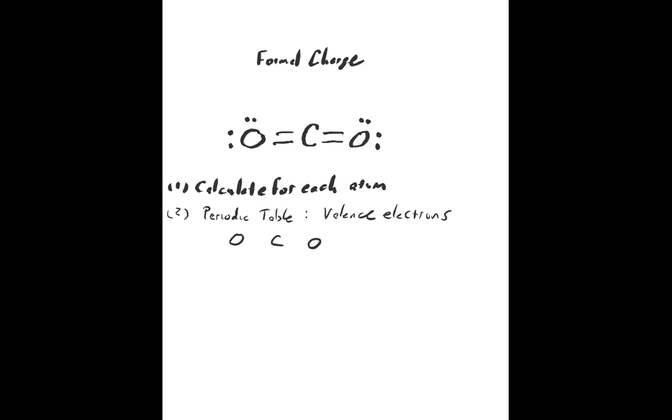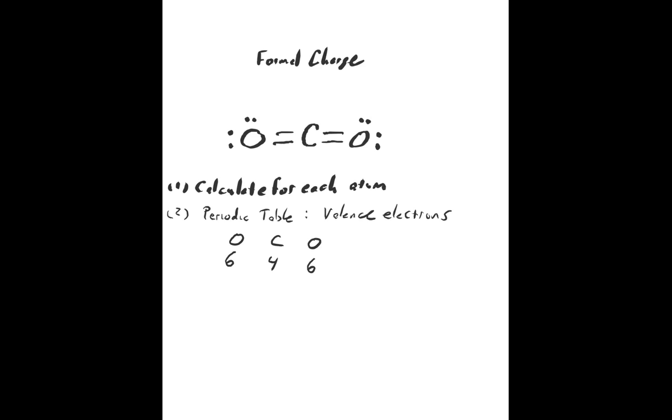Oxygen is in group 6A, so it has 6 valence electrons. Carbon is in group 4A, so it has 4 valence electrons. Oxygen is in group 6A, so it has 6 valence electrons, right? So we've already done that. We already know how to do that. You just look them up, and now you have the number of valence electrons.